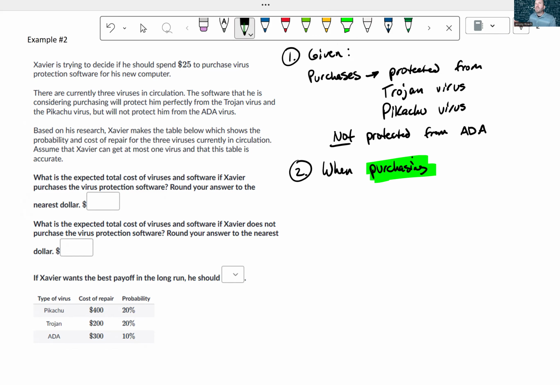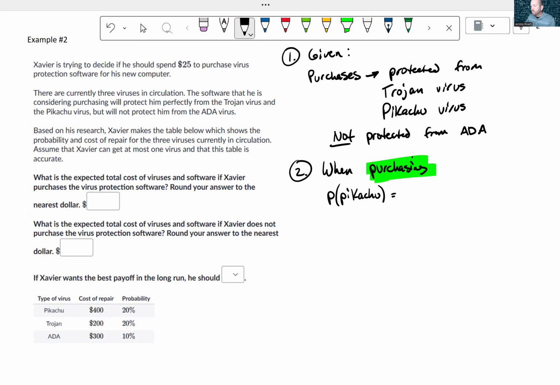So the probability that he gets the virus, he could still get the virus if he purchases it, but for some of these viruses, if he does get it, the virus protection will remove it from his computer. So we're still going to write that he has a probability of getting these viruses, even though he's protected from receiving these viruses.